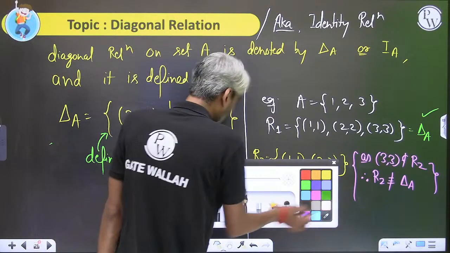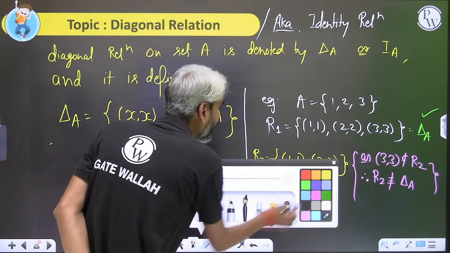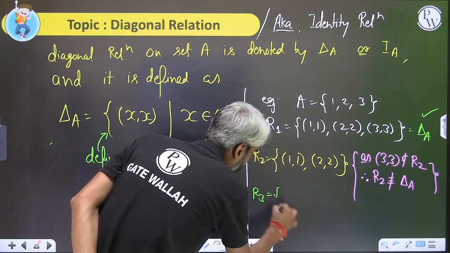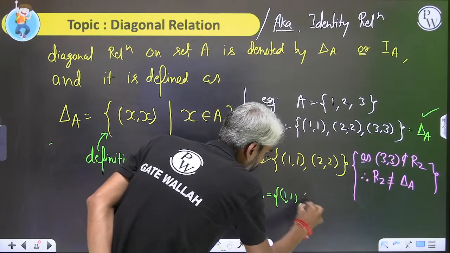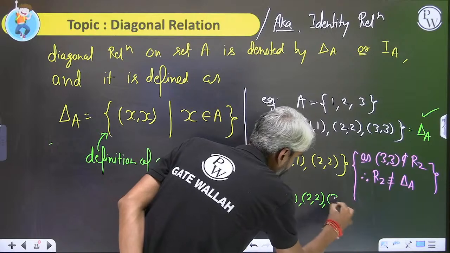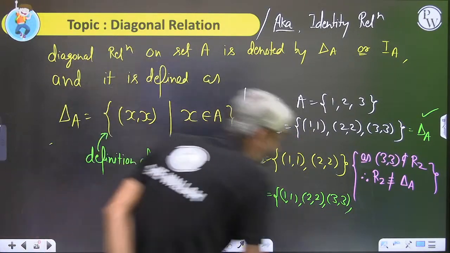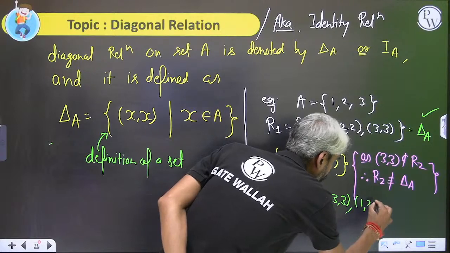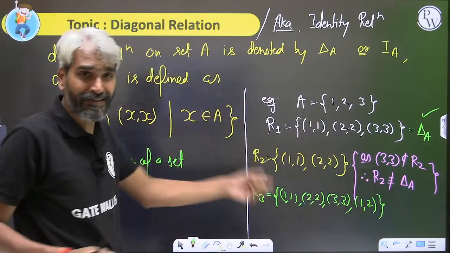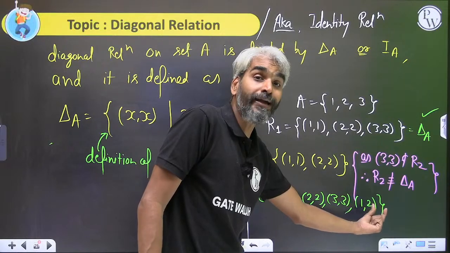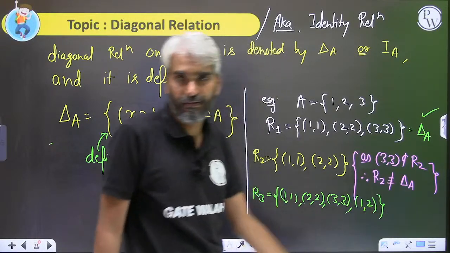Next, can we have any extra element apart from all the diagonal ordered pairs? Look at this, R3 is {(1,1), (2,2), (3,3)}. It's perfectly fine up to this point. But the moment you add any other element, let's assume I add (1,2), is it a diagonal relation on set A? No, because a non-diagonal ordered pair cannot be present.